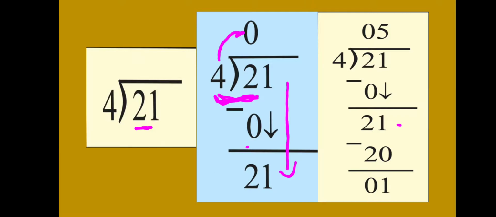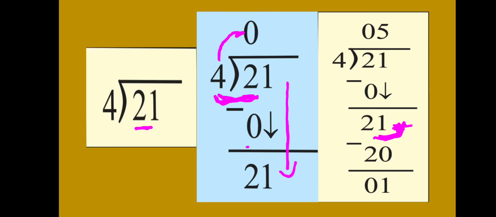Now 21 is here. The same way we are doing the division. Say the table of 4 till you get 21 or greater than 21. 4 zeros are 0, 4 1s are 4, 4 2s are 8, 4 3s are 12, 4 4s are 16, 4 5s are 20, 4 6s are 24. 24 is greater than 21.